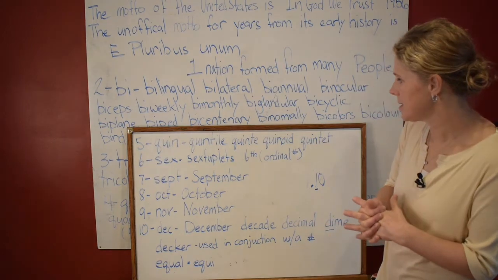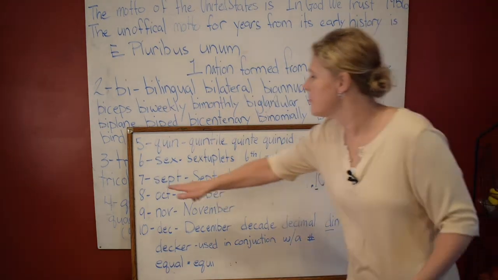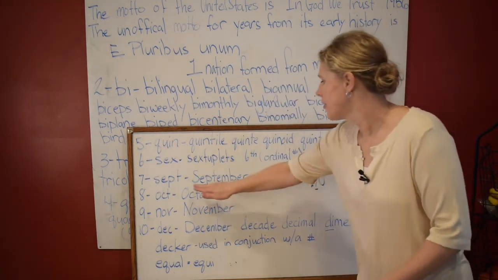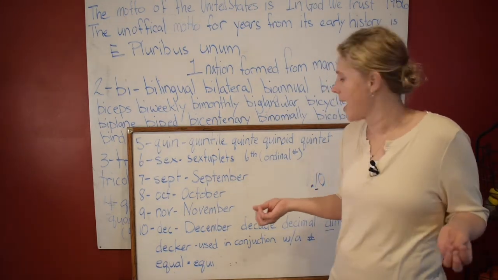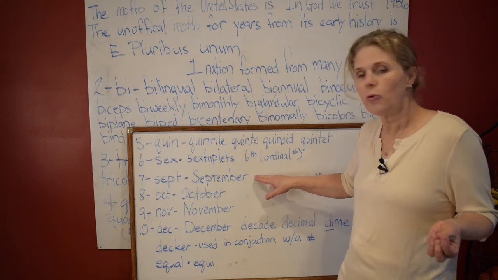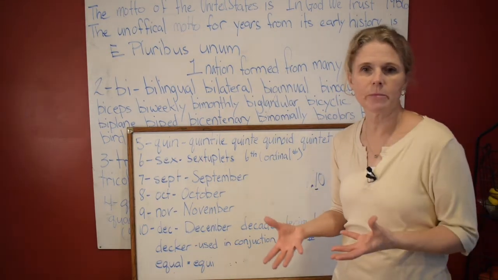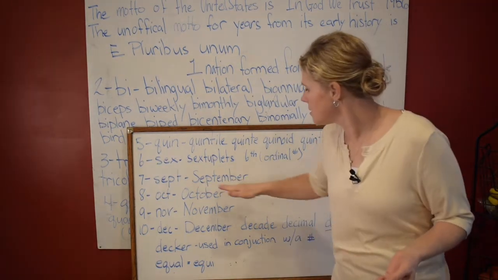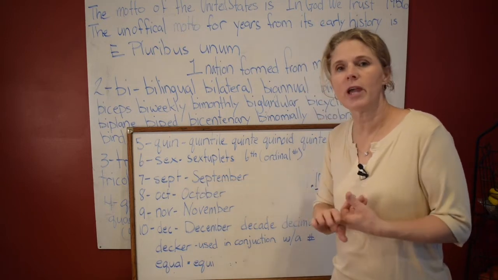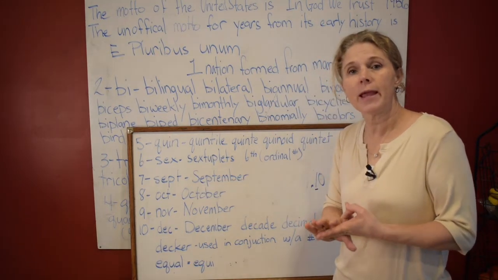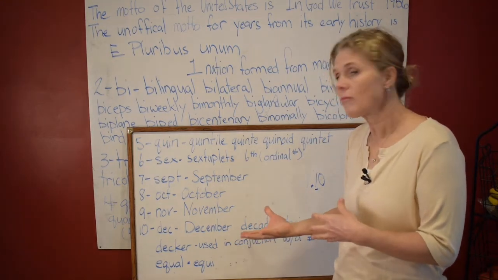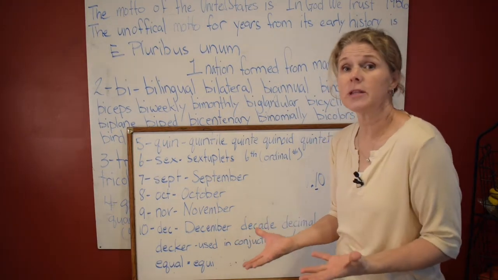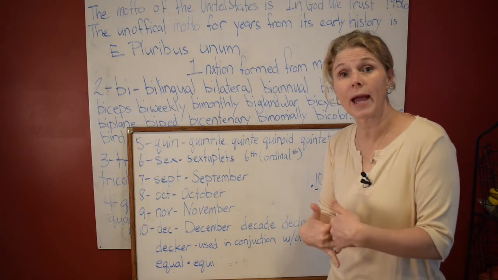Yeah, quintuplets. So we have 7 for sept. September is an example. So do you guys remember why? When you say, well, why is September the 9th month? The reason why it's like this is because we have Julius Caesar and Augustus, I think that was his nephew. He wanted to be remembered. We go by the Roman calendar.